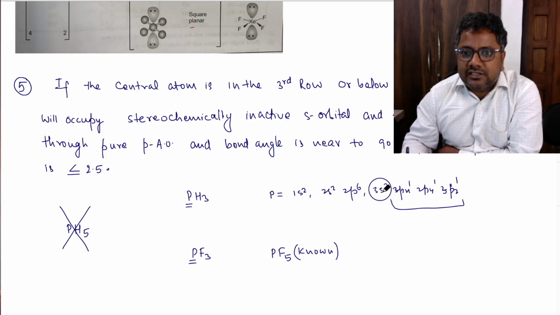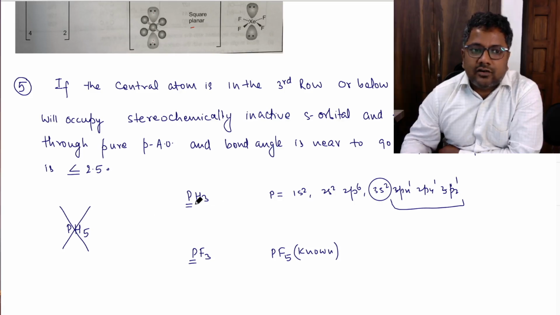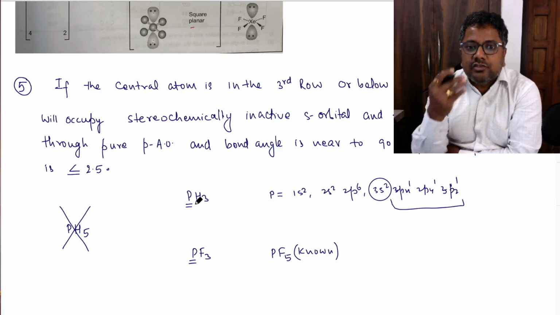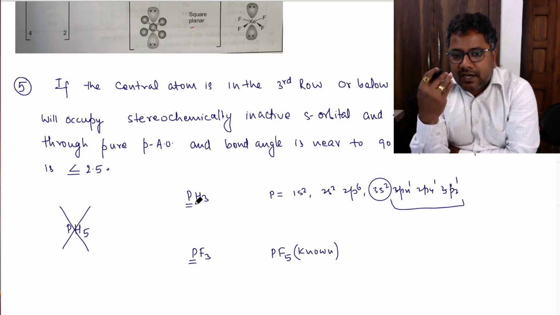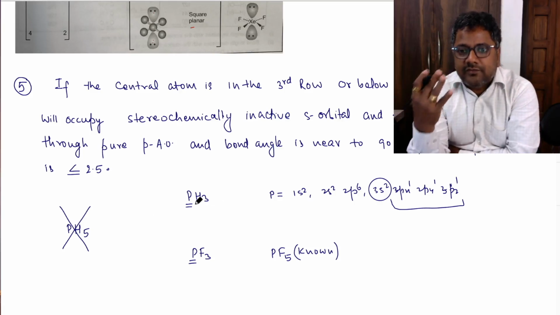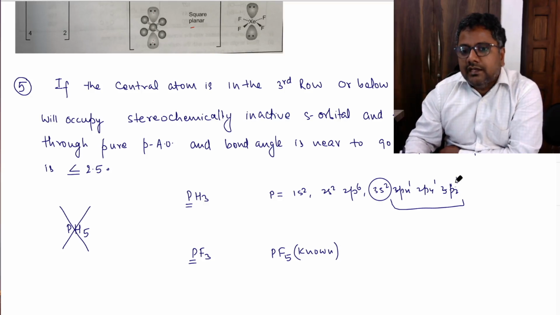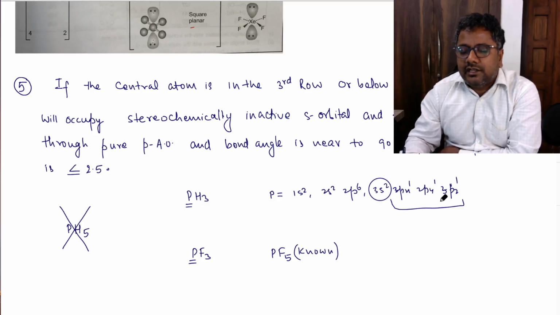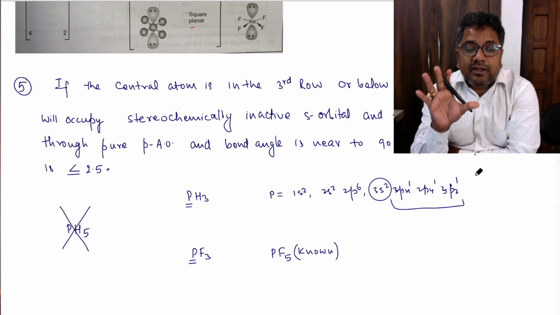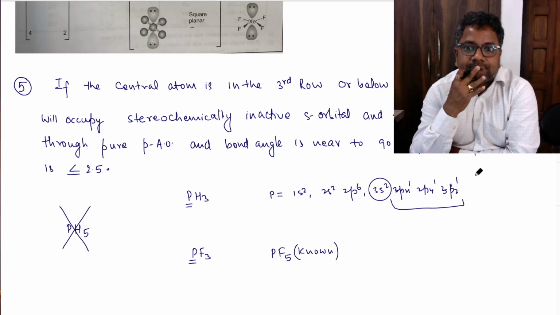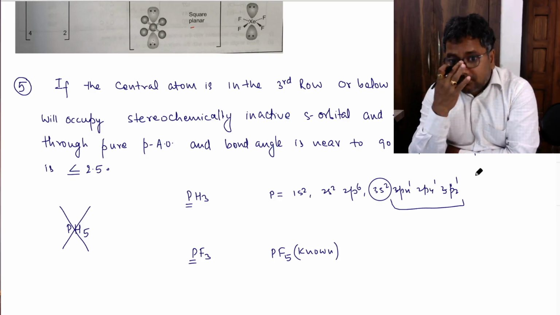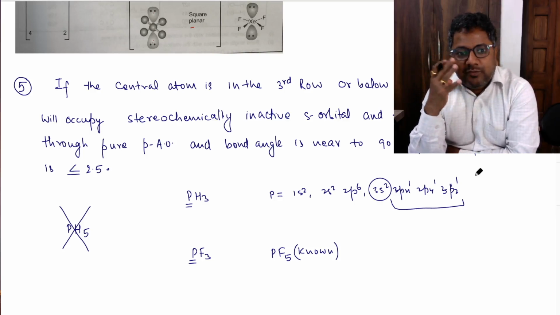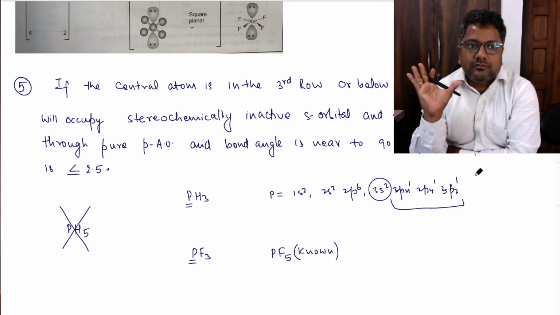Until the electrons are unpaired, it cannot expand its octet and form 5 bonds. If phosphorus is required to form 5 bonds, one electron of 3s must go to 3d and one electron of 3s to 3p, so that 5 unpaired electrons are there. Only then can it form the compound. So PH5 is not known.